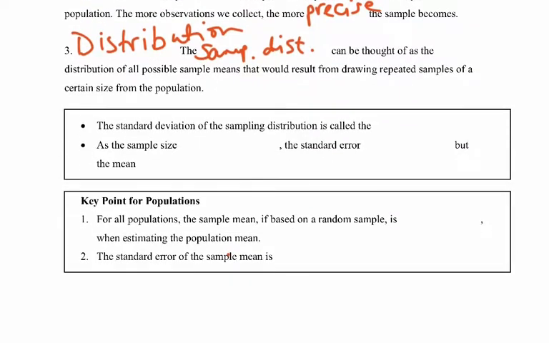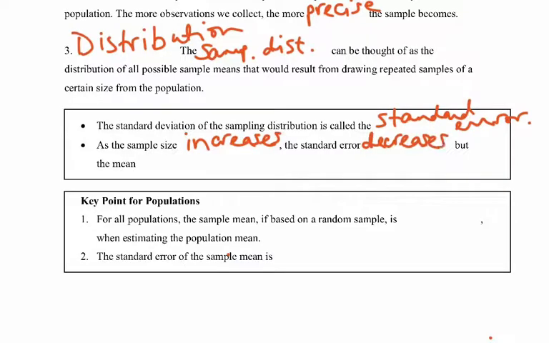So the standard deviation of the sampling distribution, remember the term for that back in chapter 7, was called the standard error. And we used the standard error in chapter 8 as well in computing our test statistics, but usually we use StatCrunch to help us calculate that. And you'll remember too that as the sample size increases, so larger samples, remember, are always better, that causes the standard error to decrease.